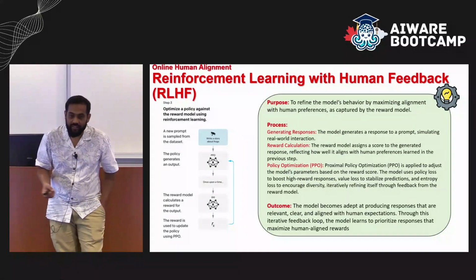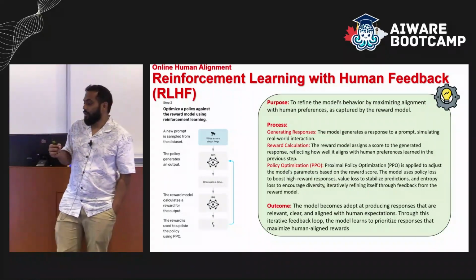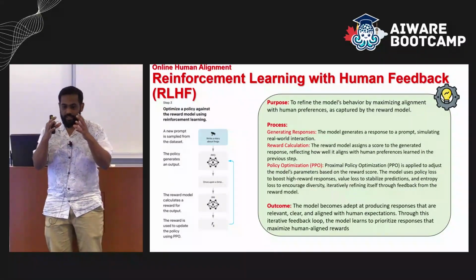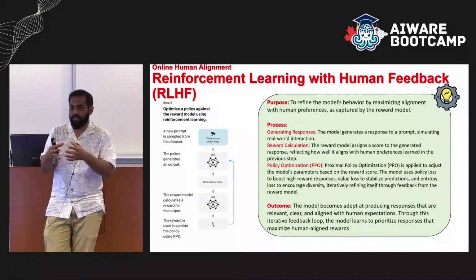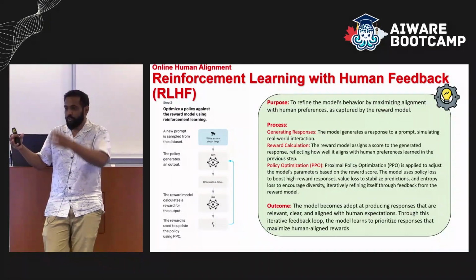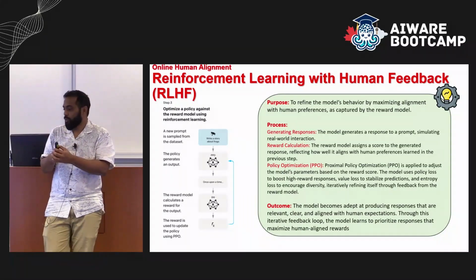And then once we have this reward model, we have the supervised fine-tuned model and the reward model, and for every response it generates, we calculate the reward for it.